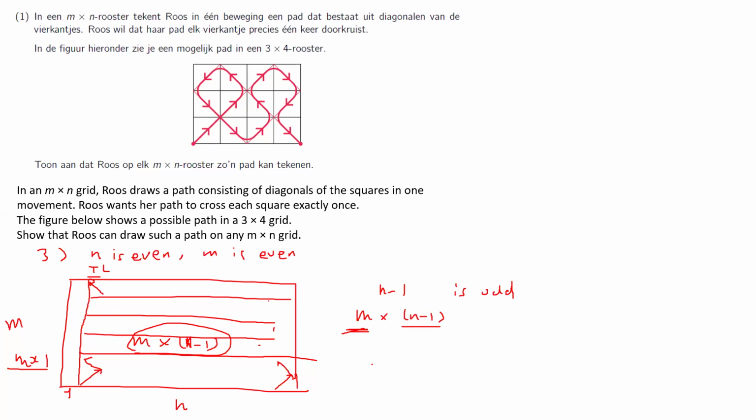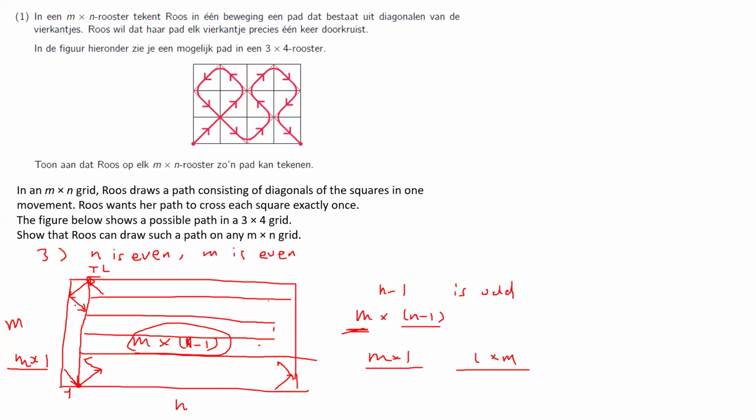And for the rest, we think about the m times 1 grid, which is also a reflection of a 1 times m grid, because now m is an even number. So it's from the bottom to the bottom. That means it will go this way and end up at the same side, bottom and bottom, right?